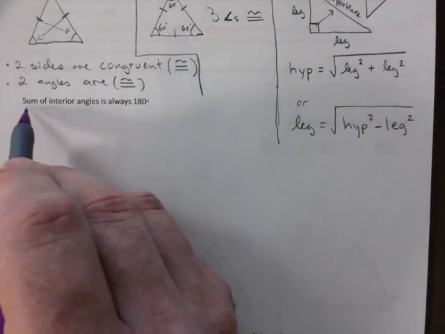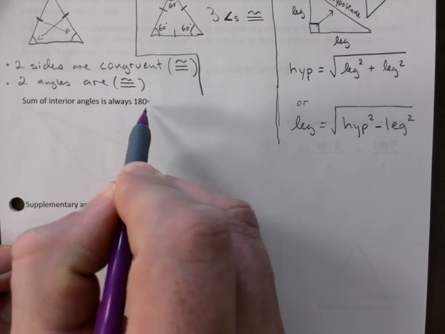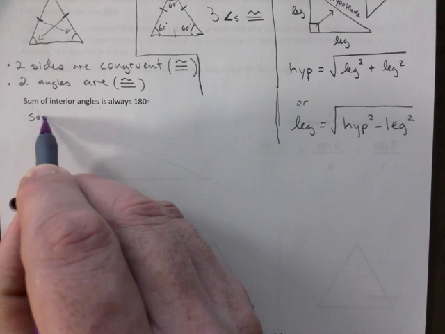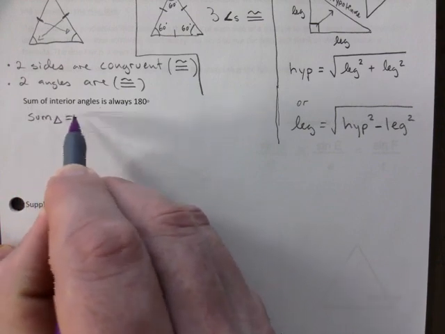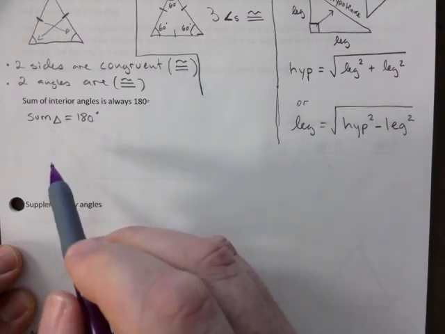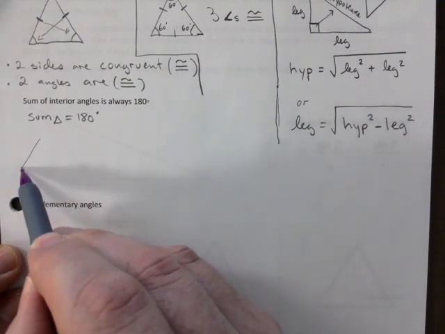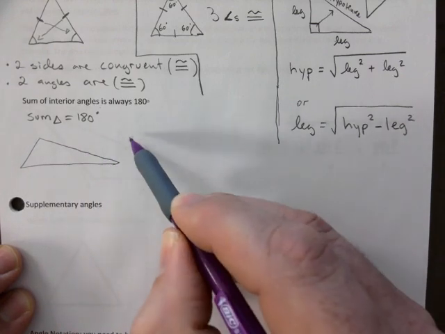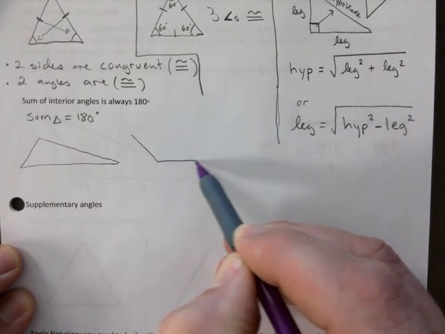All right. Sum of interior angles is always 180 degrees. As a shortcut, I will sometimes say sum of triangles is equal to 180 to refer to this property. It doesn't matter what it looks like. The triangle could look like this, it could look like this.